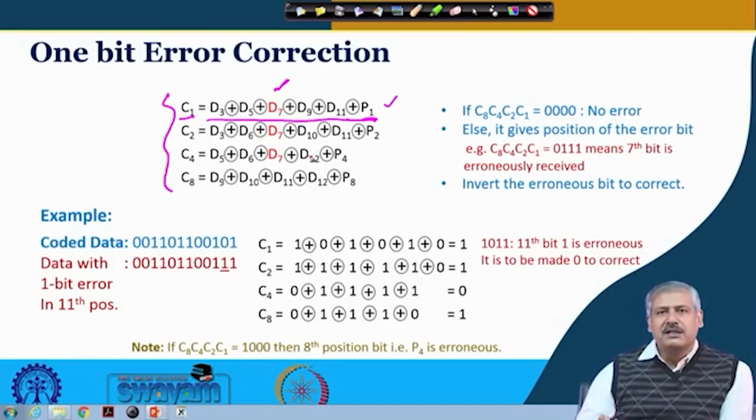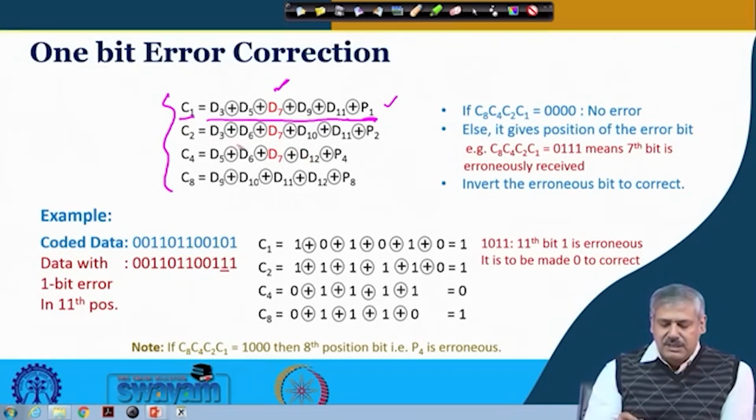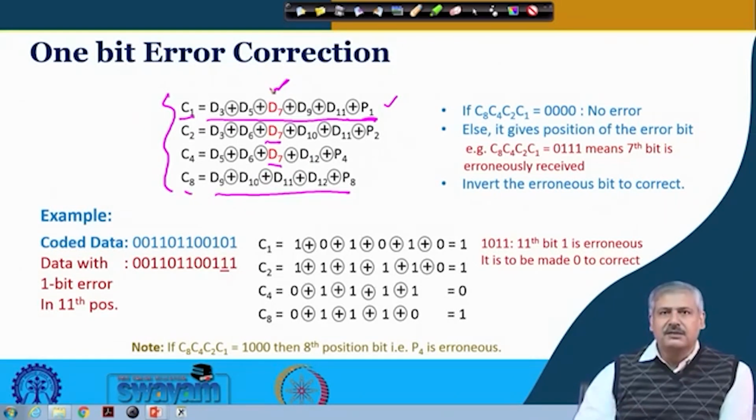D7, let us see which other areas it is in. D7 is over here, and again over here, and it is not there with C8, right. So D7 flipping will not affect C8. So if you now put them together on the receiving side, what will it generate?